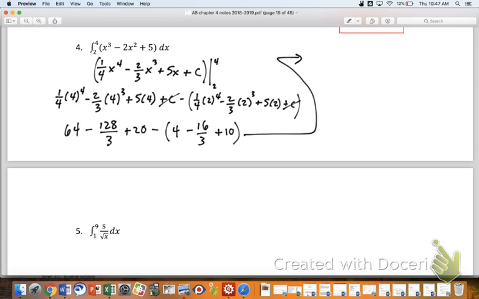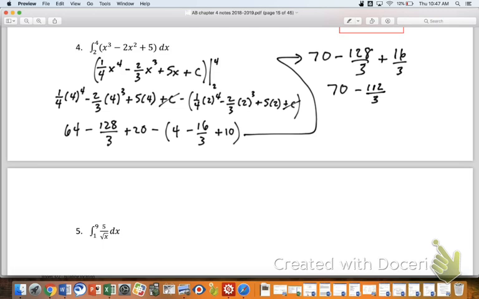So, gosh, what do we have here? 84 minus 14. So we've got 70. And then it's minus 128 thirds plus 16 thirds. So is that right? Yeah, so it'd be 70 minus 112 thirds.